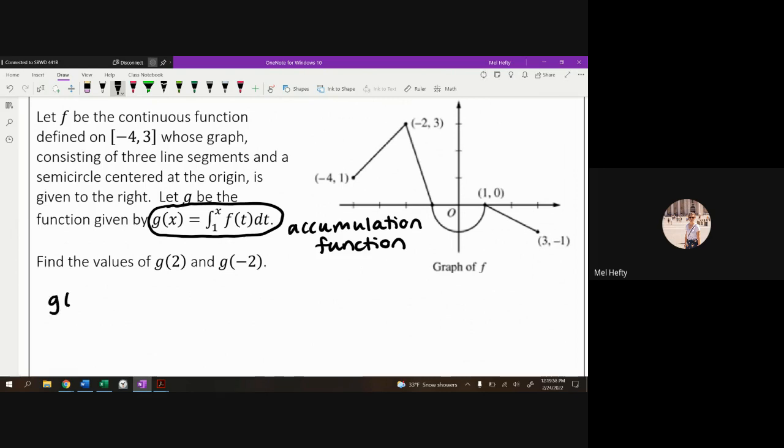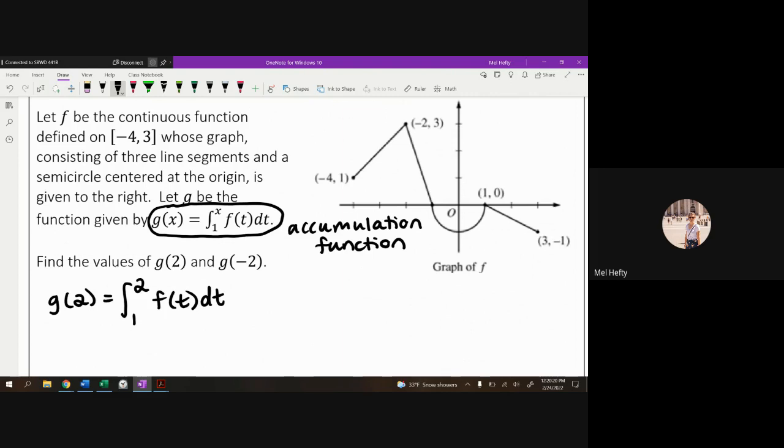So let's look first at g of 2. Just like I would if I were in Algebra 1, Algebra 2, pre-cal, whatever, I'm going to take that x value and put it where x is. So I'm going to go from 1 now to 2 of f of t dt. Now, the t does not change any of my method here.